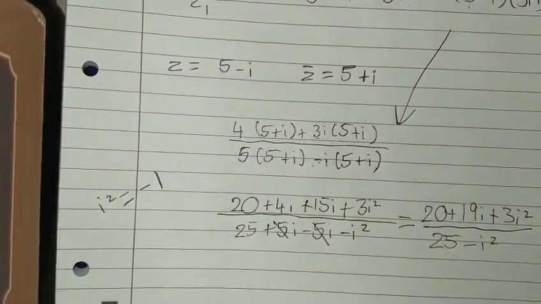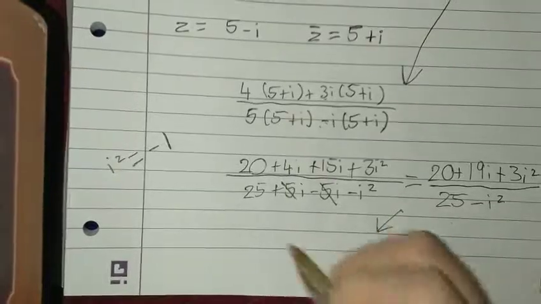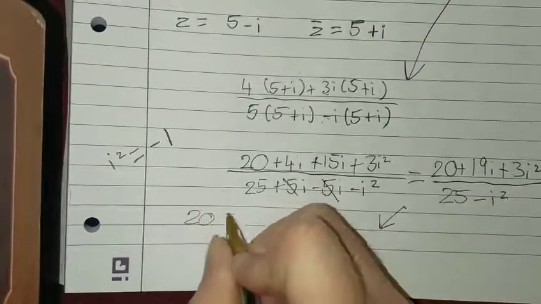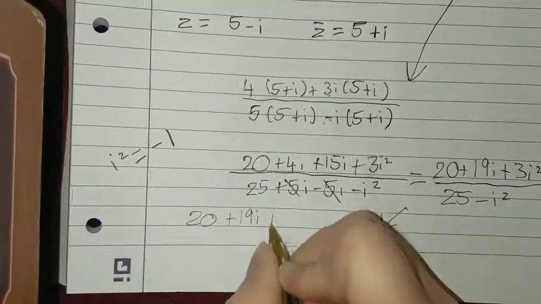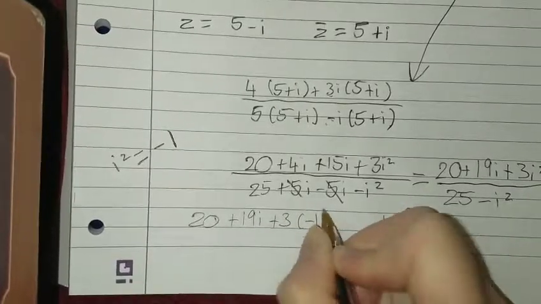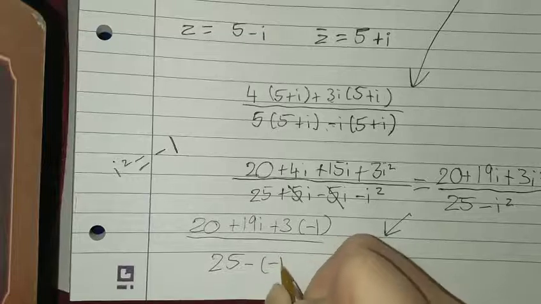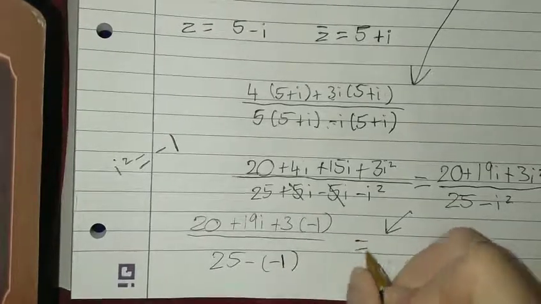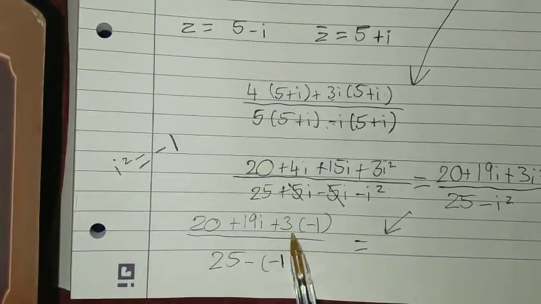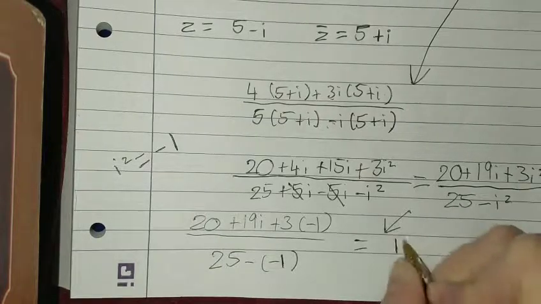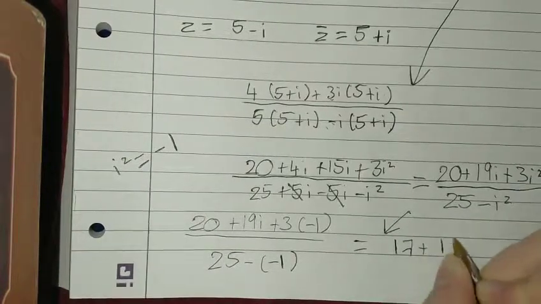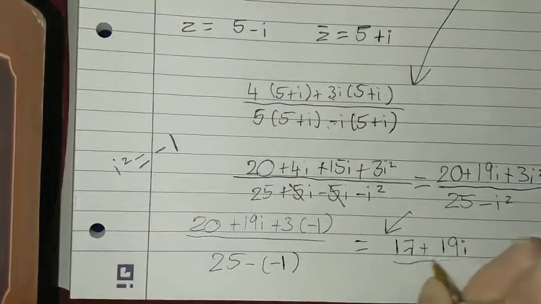So wherever I have an i squared, I'm going to sub in minus 1. So I have 20 plus 19i plus 3 times minus 1, and then that's over 25 minus minus 1. So that's going to be minus 3, so 20 minus 3, which is 17 plus 19i, over 26.